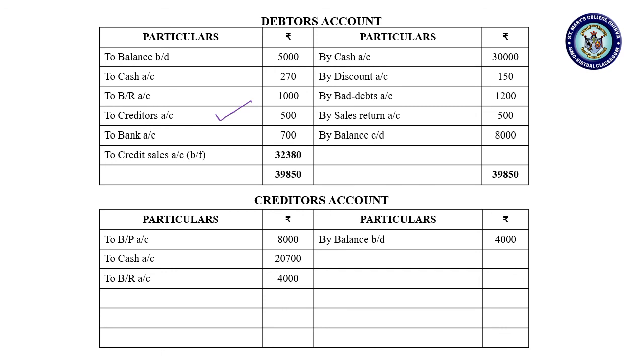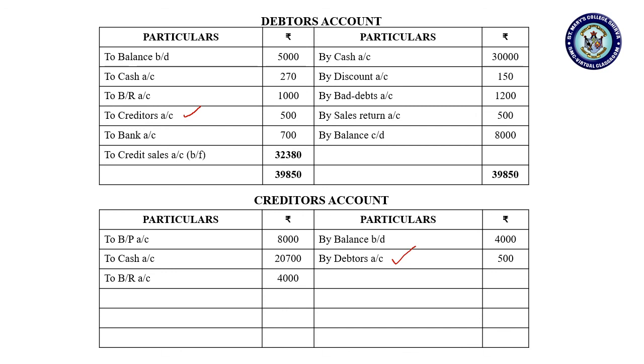So the next entry, that is by debtors account. So here it is to creditors, here it is by debtors. To creditors in the debtors account, by debtors in the creditors account. So by debtors account 500.